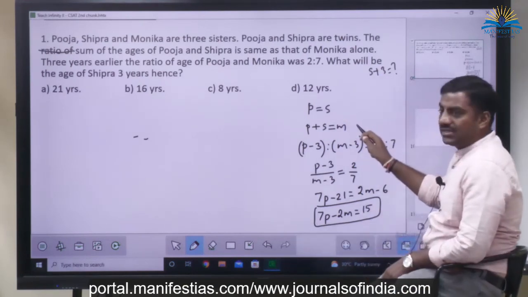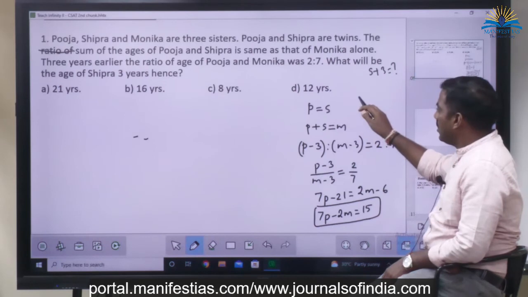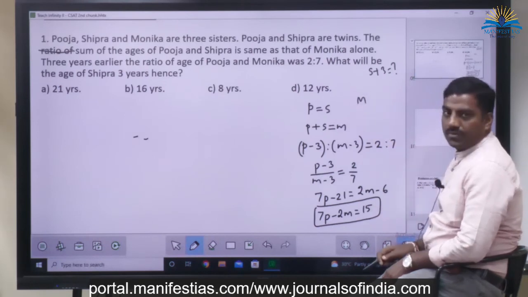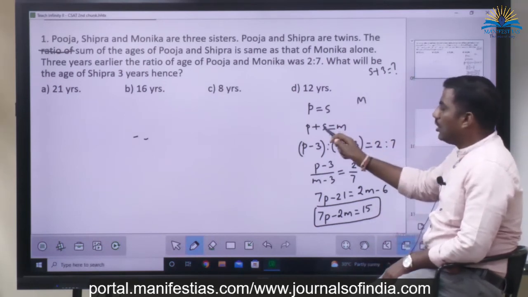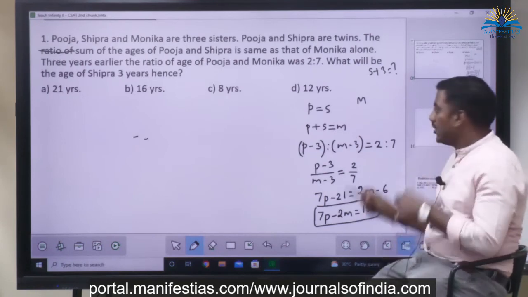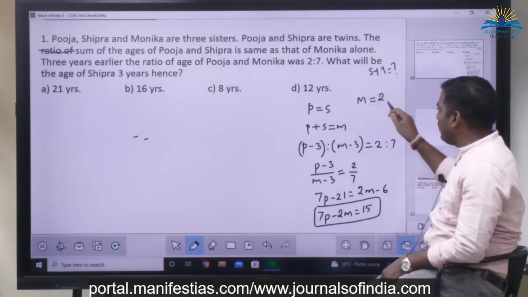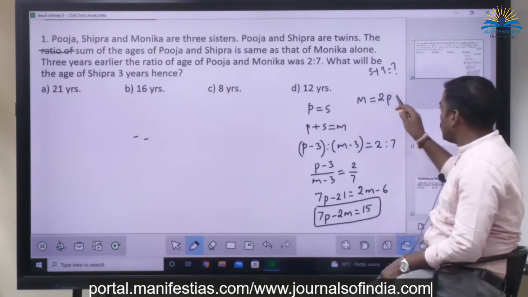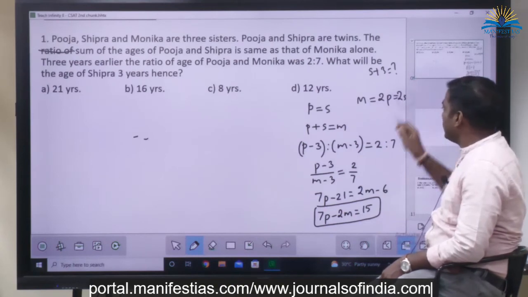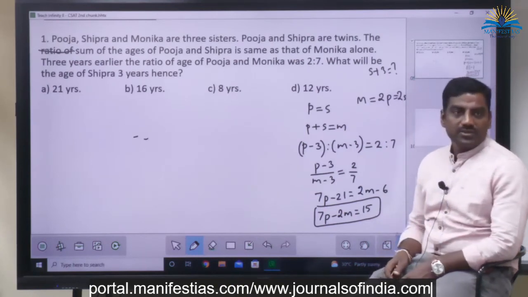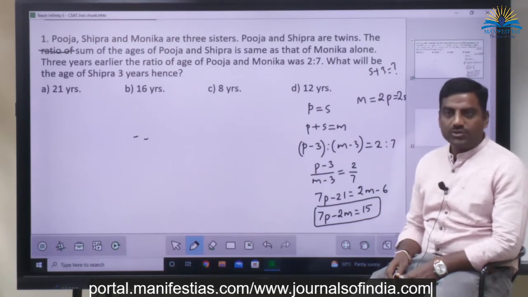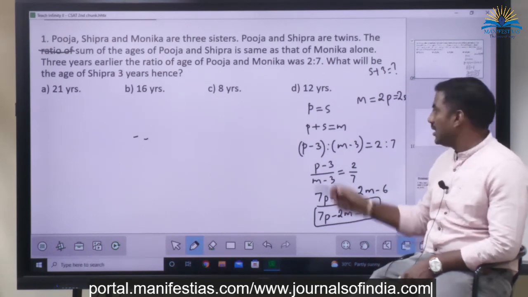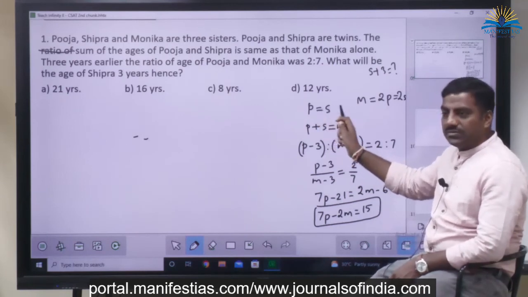If P is equal to S, now tell me, Monica is equal to their total, right? So Monica is 2 times of P, and also she is 2 times of S. Yes or no? See, they both are twins.